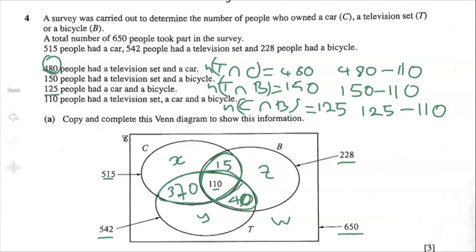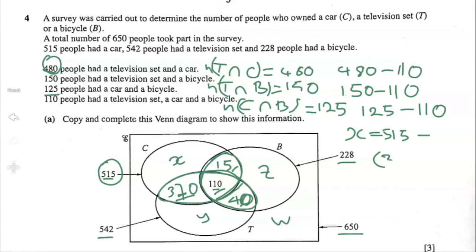So starting with our X. Your X will be equal to, you can see that the total number of elements in that set C should be 515. So your X will be 515 minus the sum of the 3 elements which are within that set.